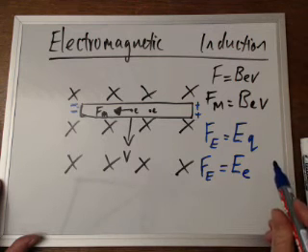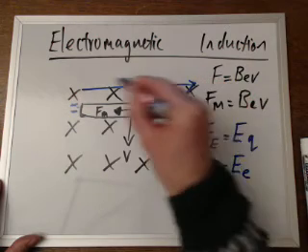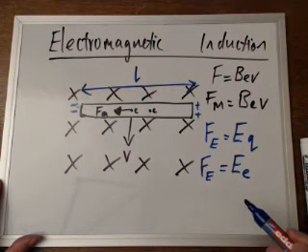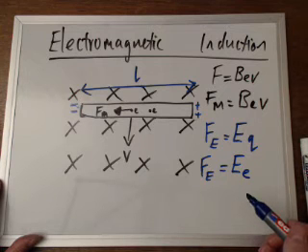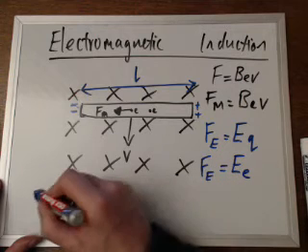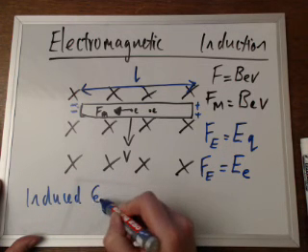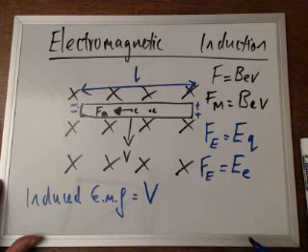Now, let us say that the conductor is of a length L. Okay. And we'll say that the EMF induced is equal to V. So, induced EMF is equal to V.